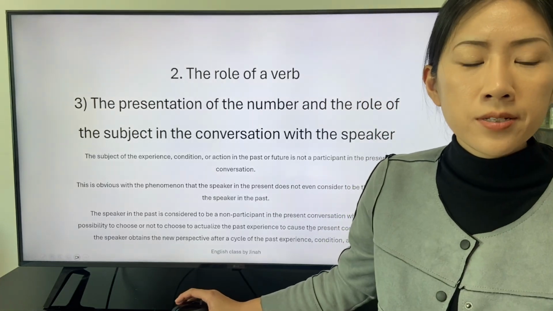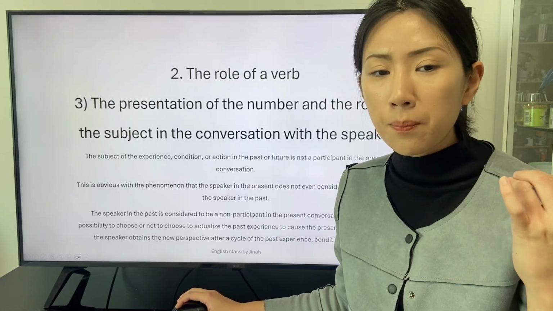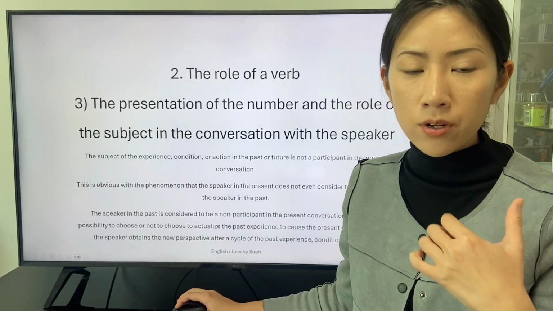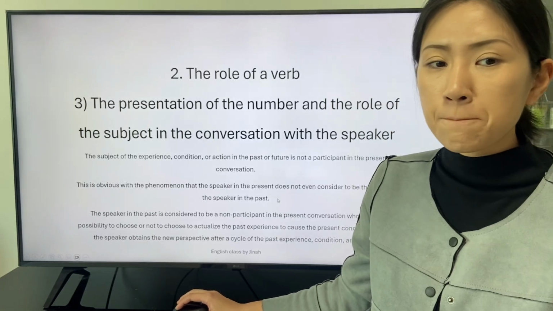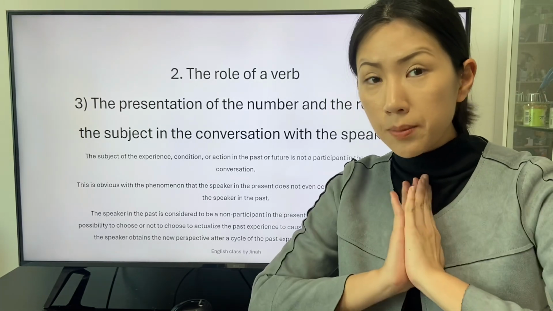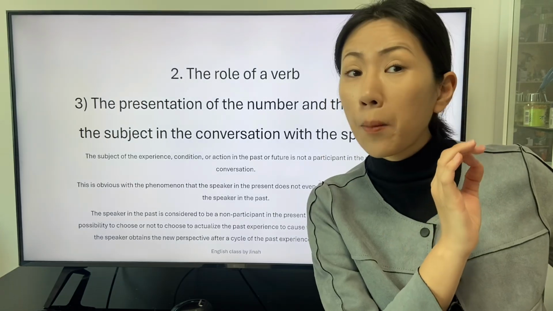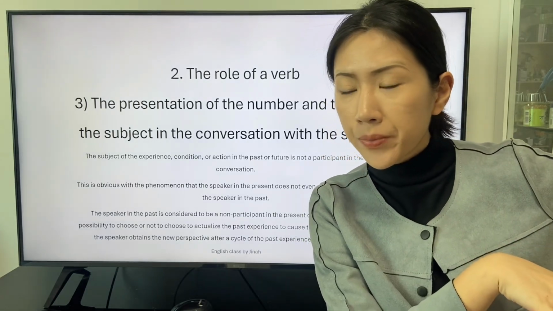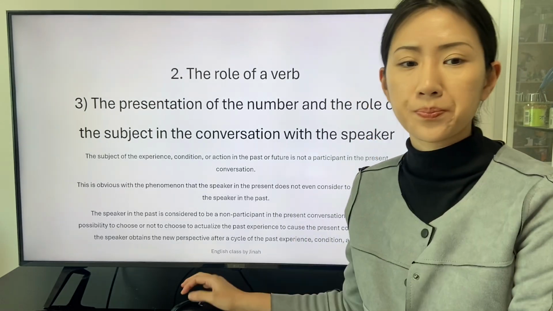This is obvious from the phenomenon that the speaker in the present does not even consider himself to be the same as the speaker in the past. The speaker himself does not consider the past speaker the same as the present speaker.